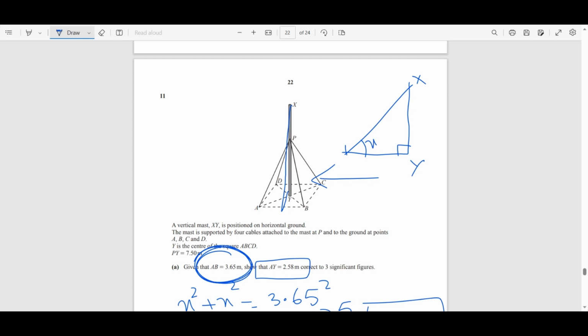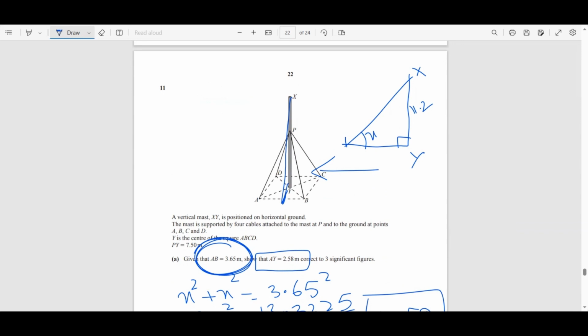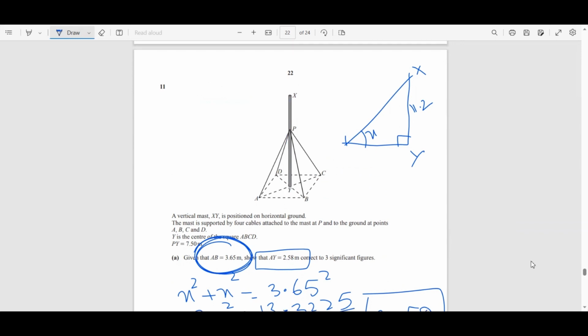So XY, the length of XY we just found out, it was 11.2, so I'll take that. And this angle is required, so let me just quickly calculate this. So this is the midpoint.